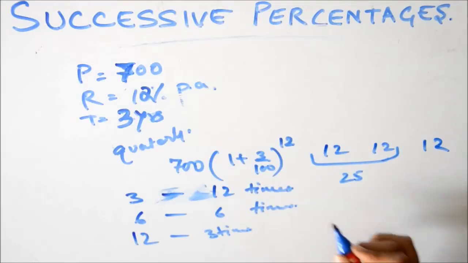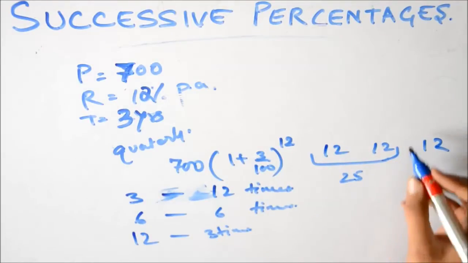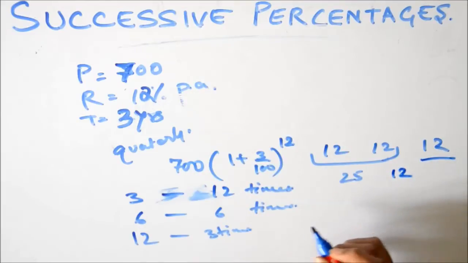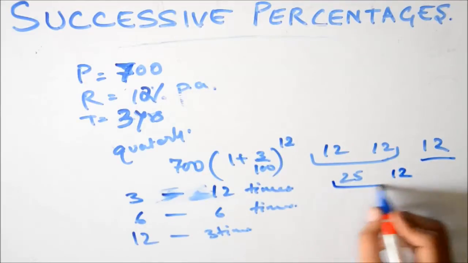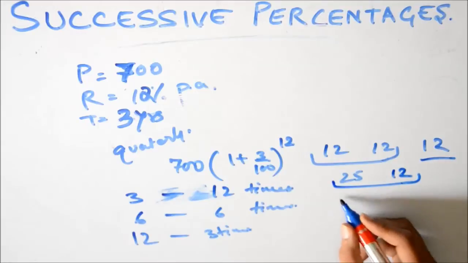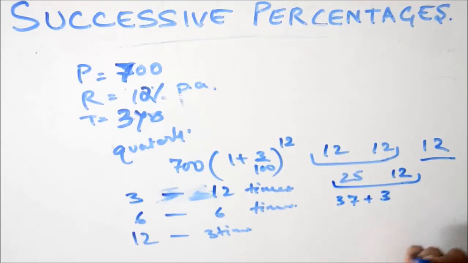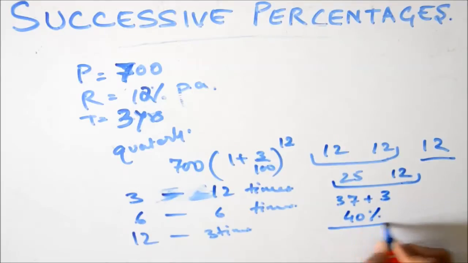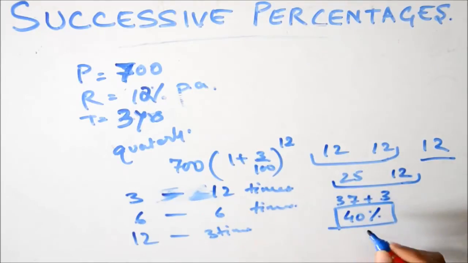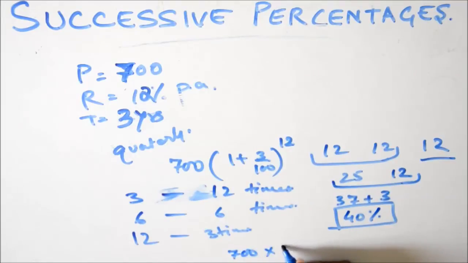You can approximately say it's 25 and 25 and 12. So 25 and 12 will be 37 plus something, 37 plus 25 into 12 is 300 plus 3 is 40. So 40% is the final total. You can say it's 700 into 1.4.